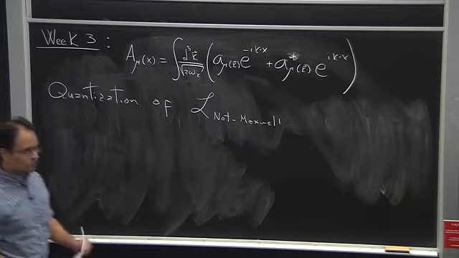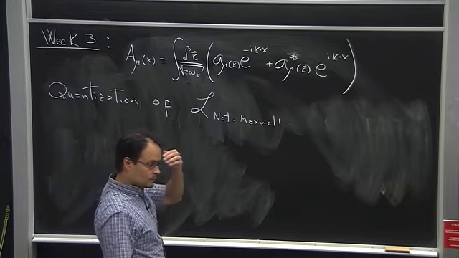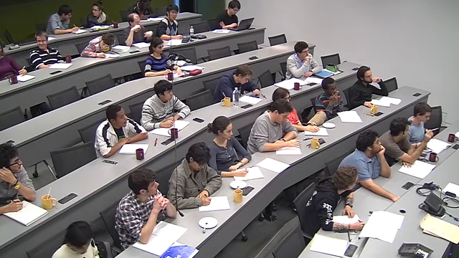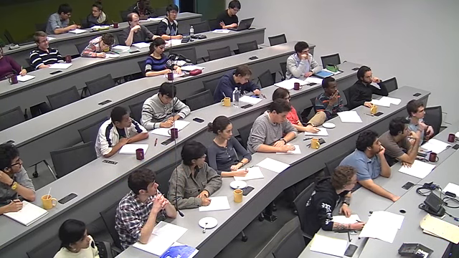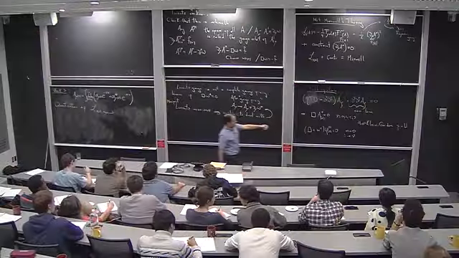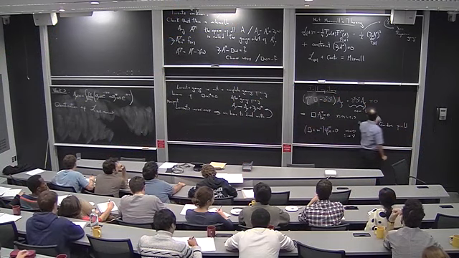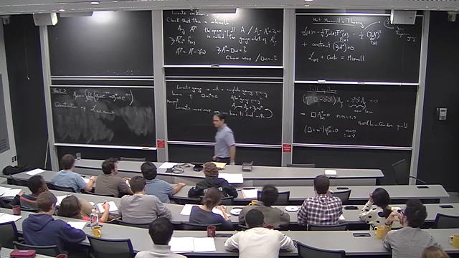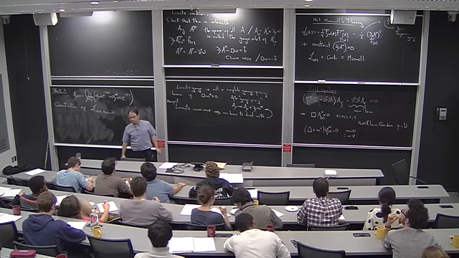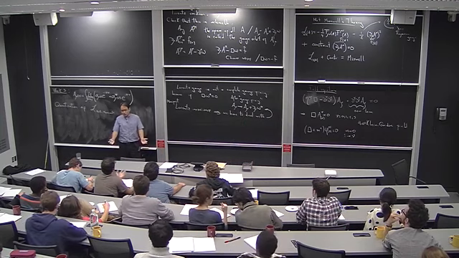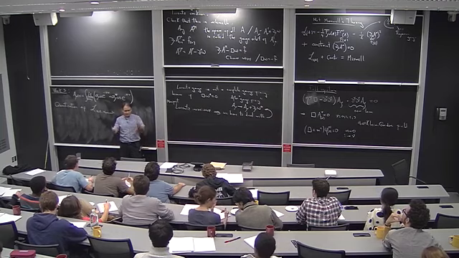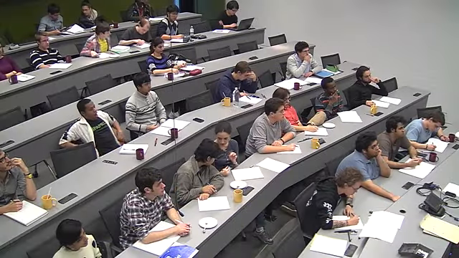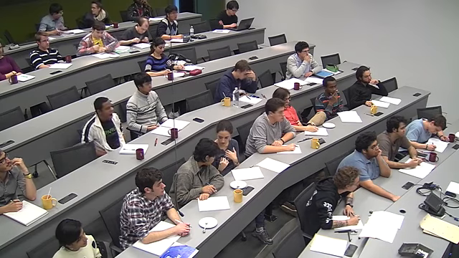Why are we restricting our A to be real at this point? They could hence write it as A star. Oh yes, of course. A is a real field. Just like our Klein-Gordon field was a real field, A is a real field. That's a choice, I guess. No, the gauge potential that you learned is a real field.